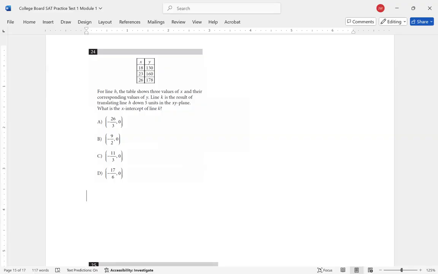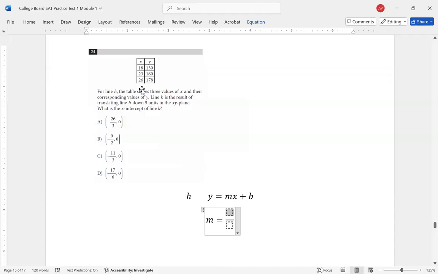The first thing we're going to do is set up line H. Now, line H I will write in slope-intercept form. The slope of this line is going to be the change in Y values divided by the change in X values.